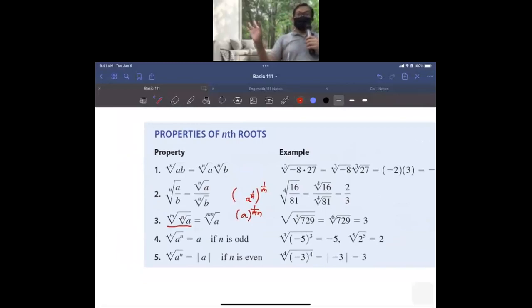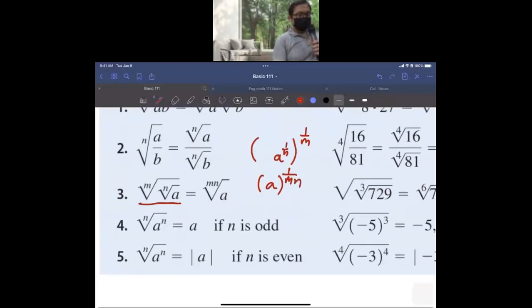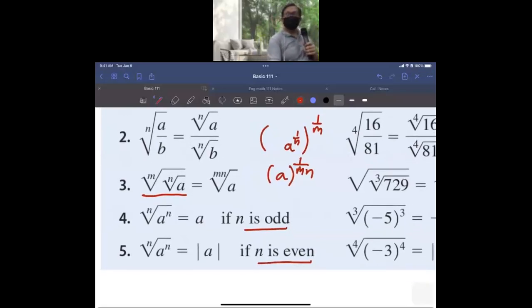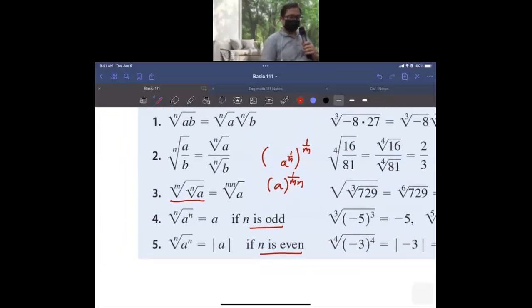And for the square root, because we want to make sure that this is all within the real numbers, we need to make sure how n will behave.